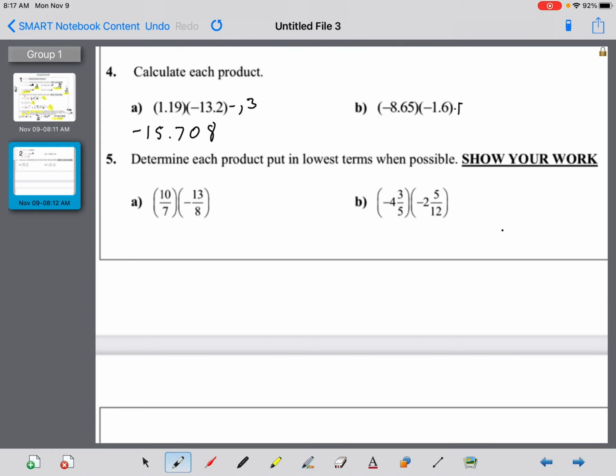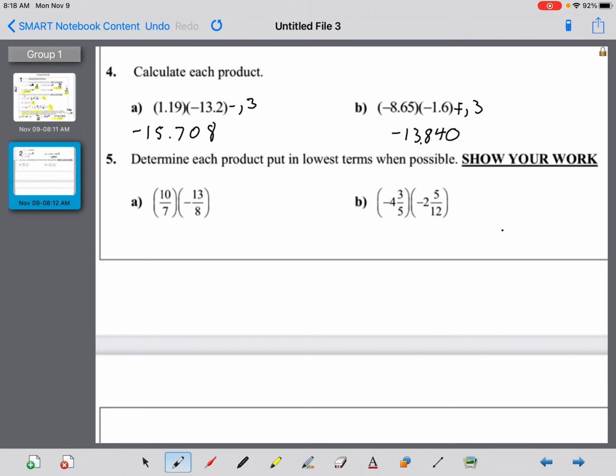Here I'm going to have a positive with 3 decimal places. My calculator can help me out. So I'm going to get negative 1384. And there would have been a 0 here because 6 times 5 at the end would be 30.